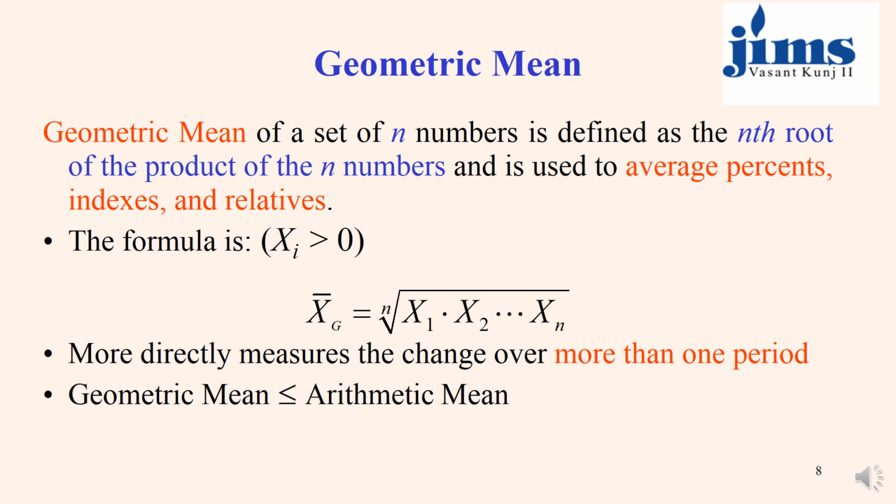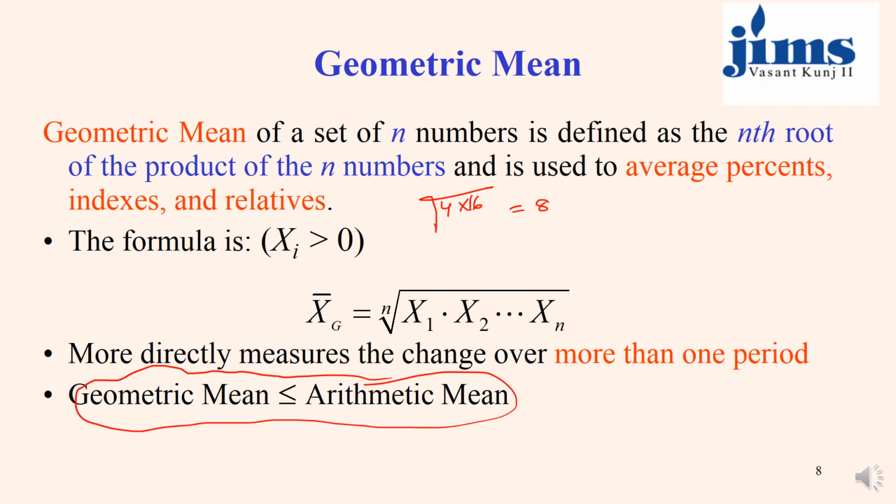Similarly, the geometric mean. Say for 4 and 16, if we want to find out the geometric mean of two numbers, 4 into 16 is 64, and the square root is 8. Always remember that the arithmetic mean is always greater than or equal to the geometric mean.